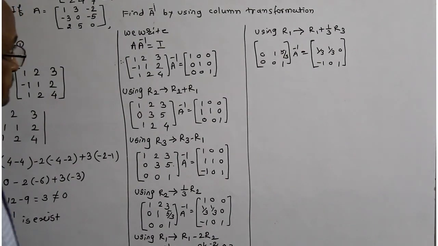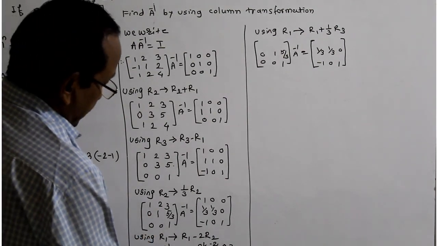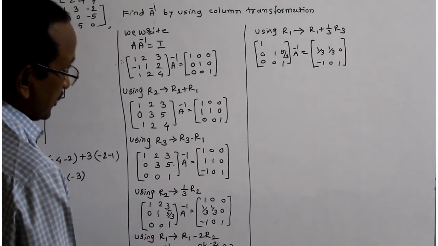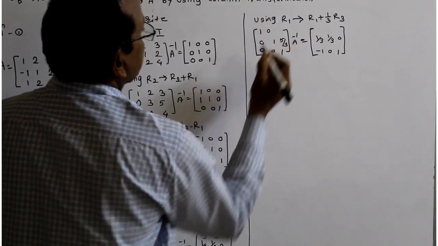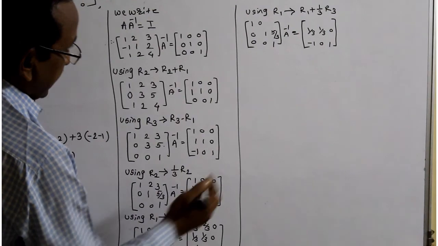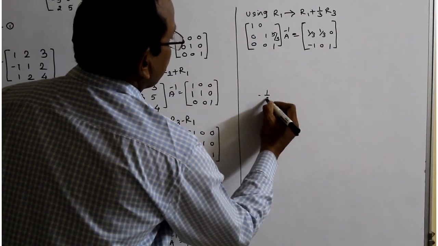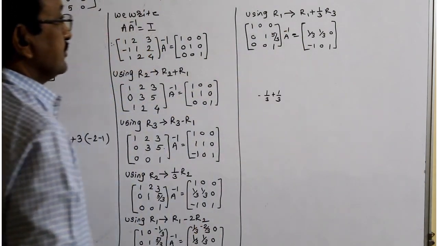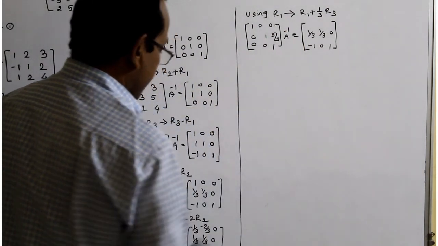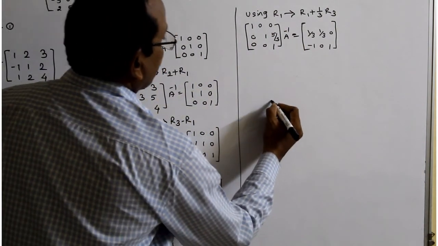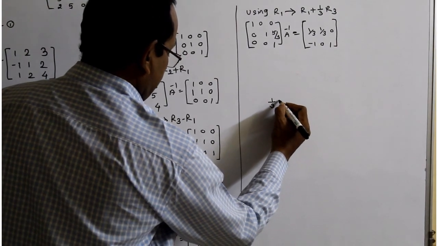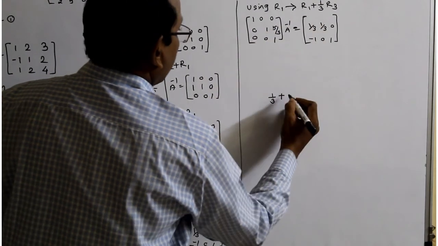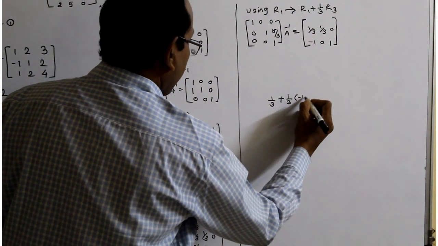So operate here. 1 plus 0, it is 1. 0 plus 0, it is 0. Minus 1 by 3 plus 1 by 3 is also 0 here. Now operate on this side. It is 1 by 3 plus 1 by 3 into minus 1.